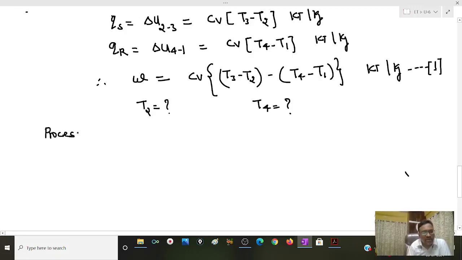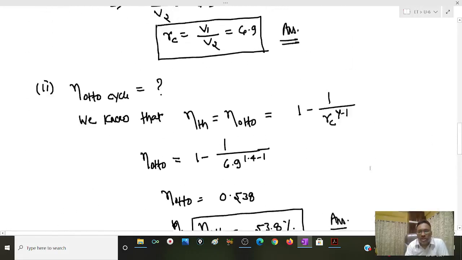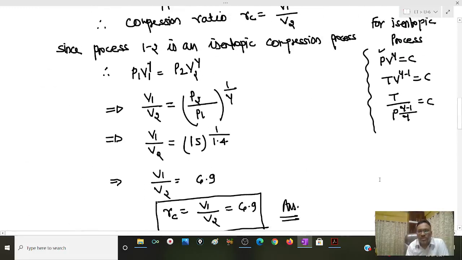In order to find out the value of T2, first once again I will be recalling the very fact that process 1 to 2 is an isentropic compression process. So for an isentropic process, we can use either of these relations.